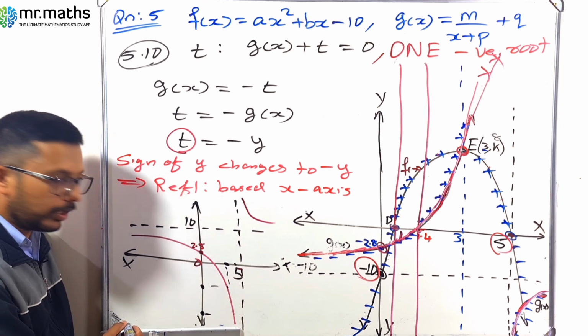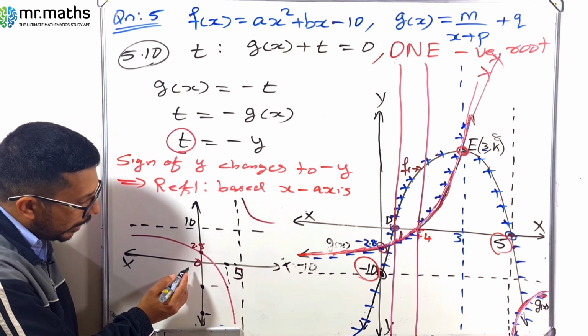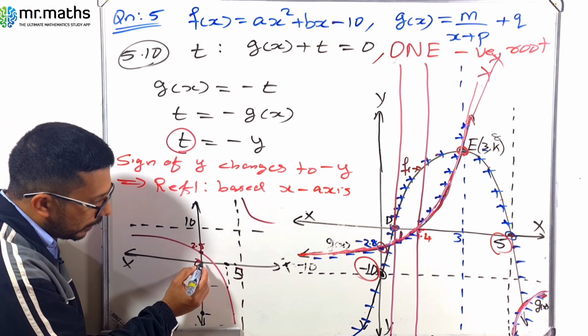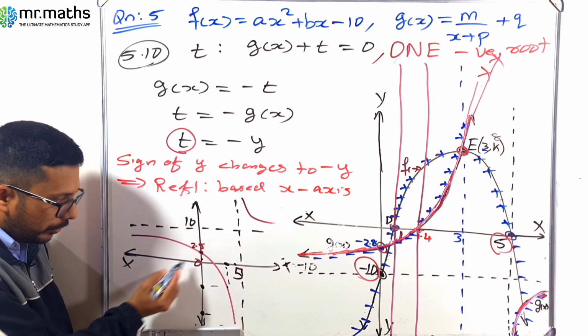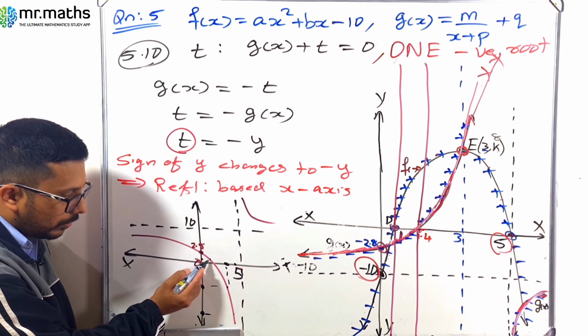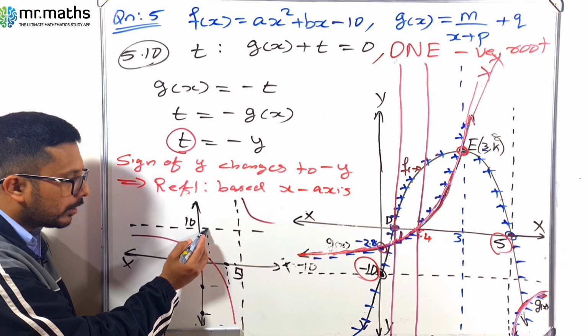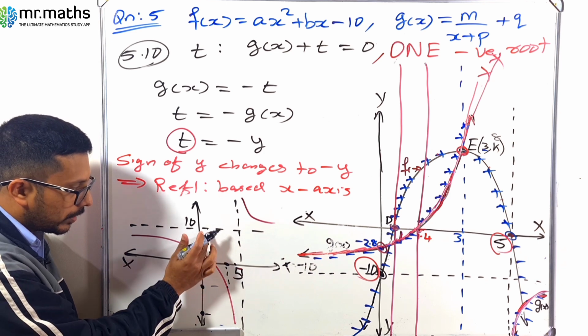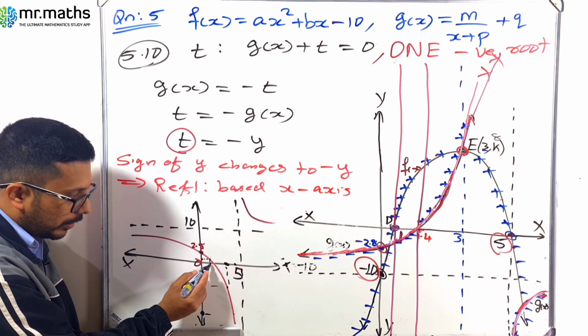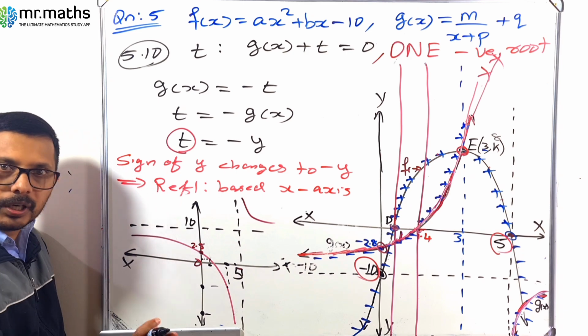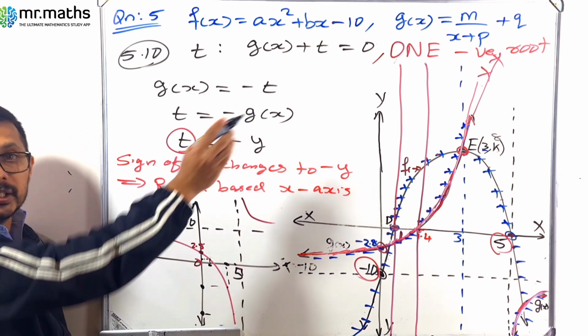Can you see that? Okay, but if I take a y value here also, what is the x value? I will get a positive x value. Sorry, to this side I will get a positive x value. Am I right? I don't want that one. They want a negative root.